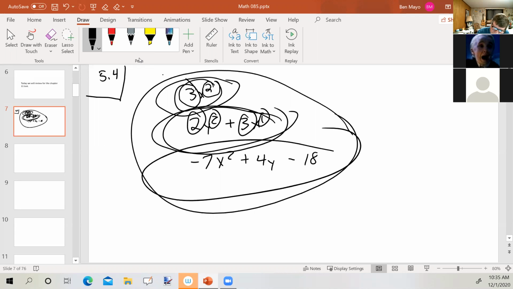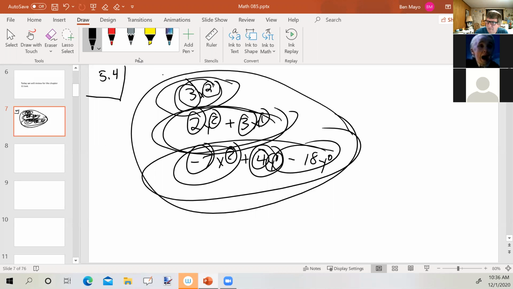And finally, here's a trinomial. The leading term is -7x squared. It's of degree 2. The coefficient is -7. The second term is 4y. It's of degree 1, and the coefficient is 4. The third term is of degree 0 because there's no variables, so it'd be like y to the 0 power, and the coefficient is -18.